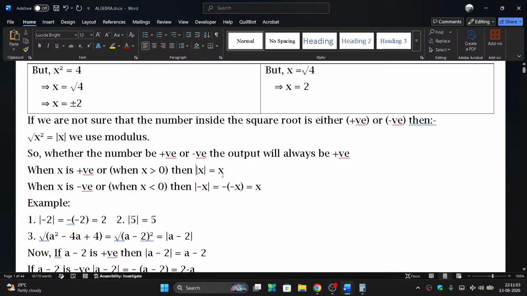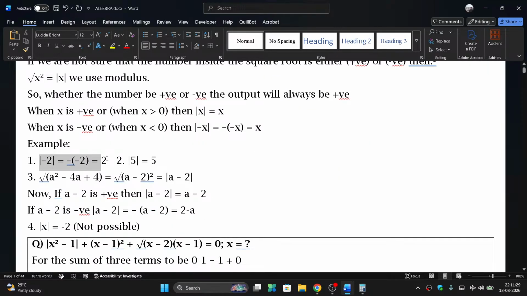It will be straightforward x. If the value of x is negative, and that negative value of x is within this modulus, then how would this negative value become positive? It would be minus of minus x, and I know minus with minus goes for positive.